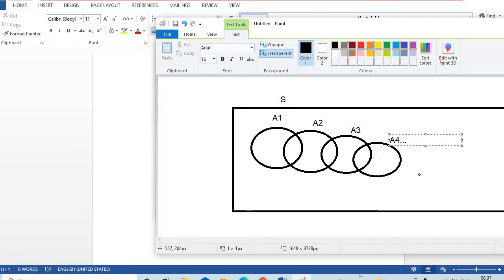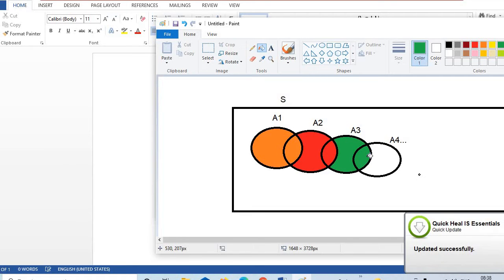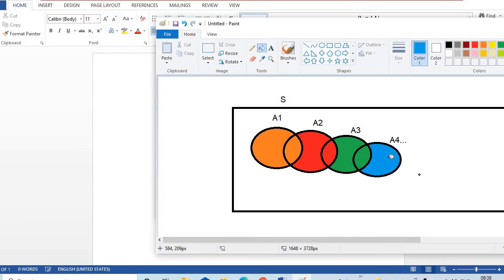What is A1 union A2 union A3 union A4? So that is actually union of A1, then A2 intersection A1 complement, then A3 intersection A1 and A2 complement, then A4 intersection A1 complement, A2 complement, A3 complement.